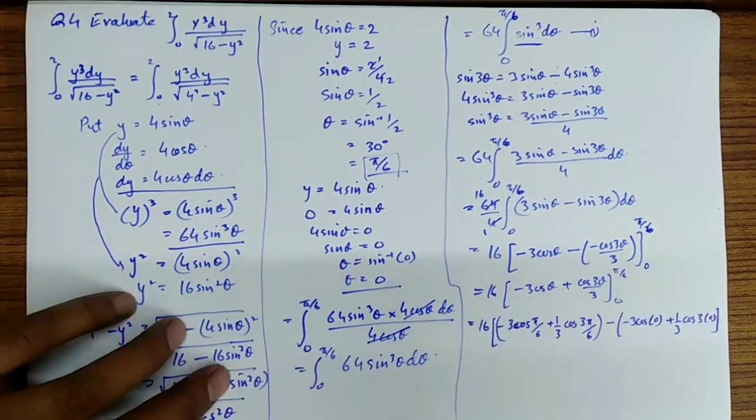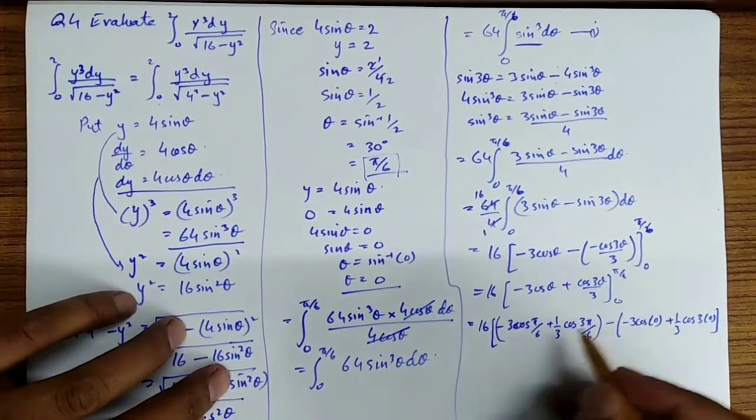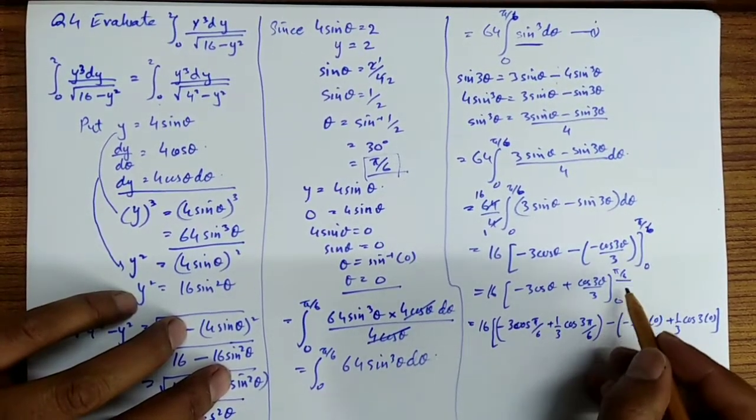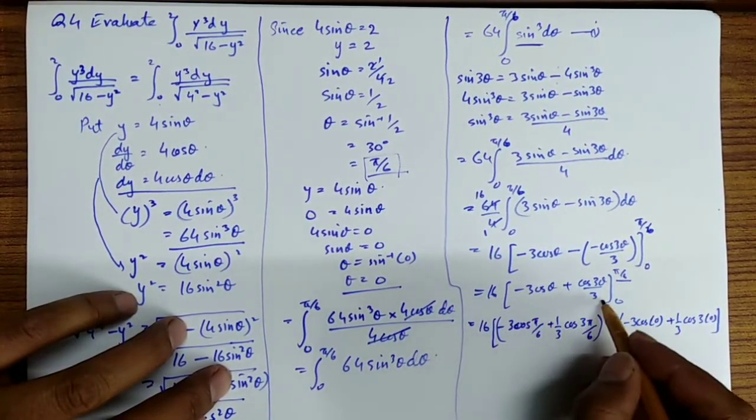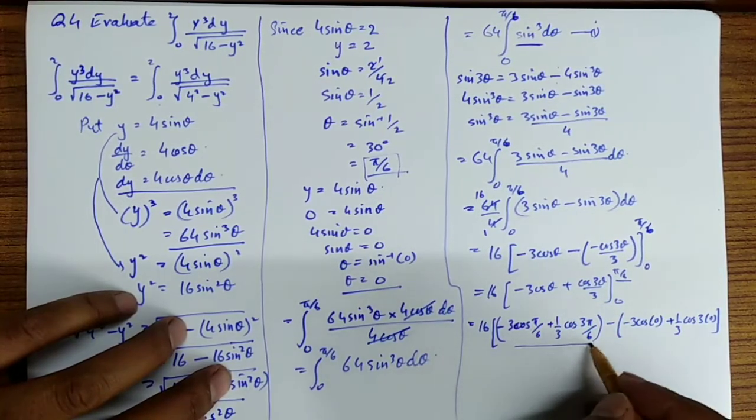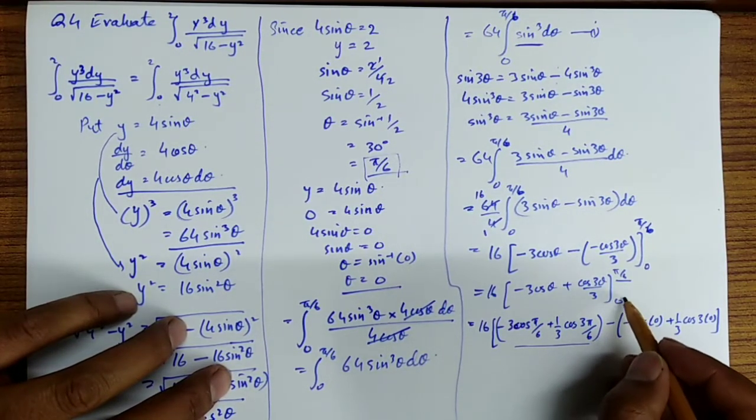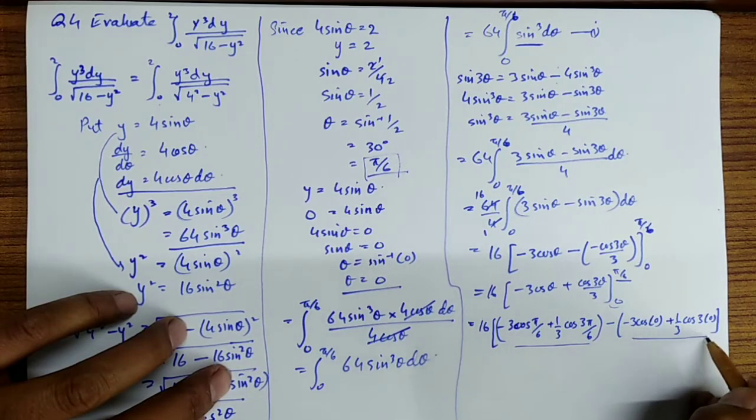Putting the limits, the upper limit pi upon 6 inserted in place of theta, we got this expression, and minus the lower limit, we got this expression.